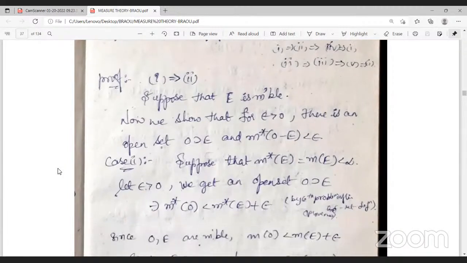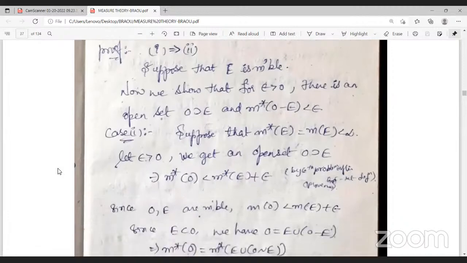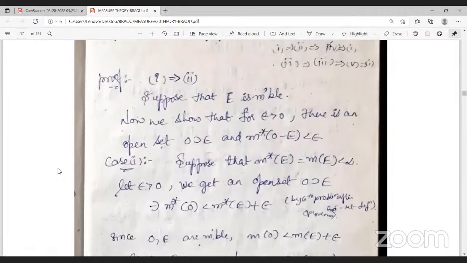Okay? And case 1, suppose that m star of E is finite. And we get an open set G superset of E such that m star of G less than m star of E plus epsilon.